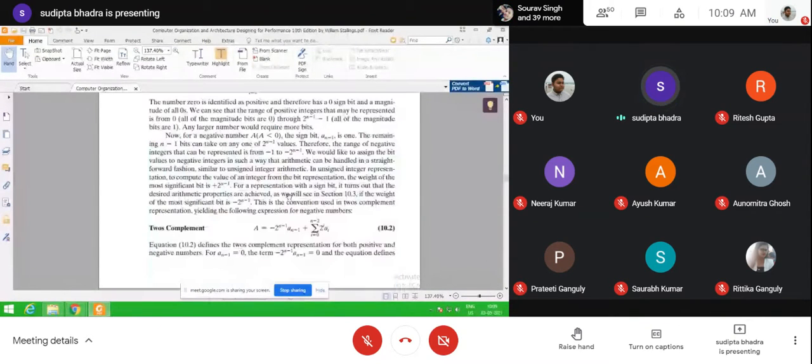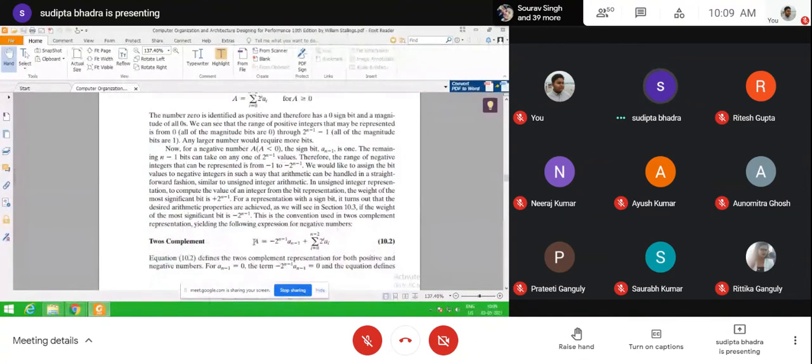Two's complement expression is this. Please follow equation 10.2: A equals minus 2 to the power n minus 1 times a(n minus 1), plus the summation of 2 to the power i times a(i), from i equal to 0 to n minus 2. Now here you see this second term represents the 0th bit to the 6th bit.